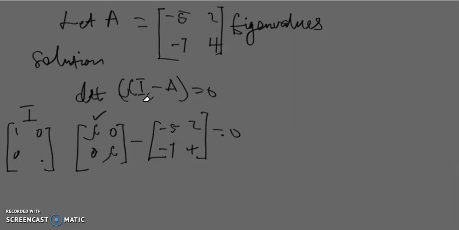Computing the determinant of these, this becomes lambda plus 5, -2, 7, and lambda minus 4, and of course all these must be equal to 0. I put this because we are looking for the determinant, so it must be equal to 0.